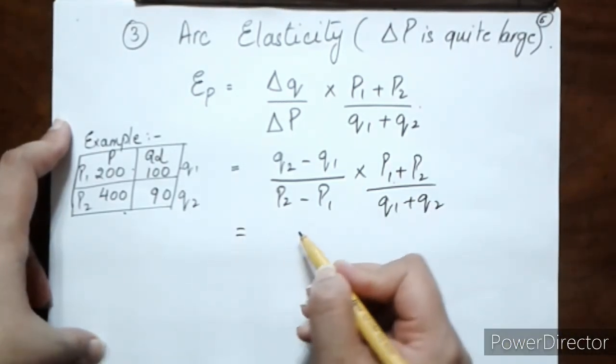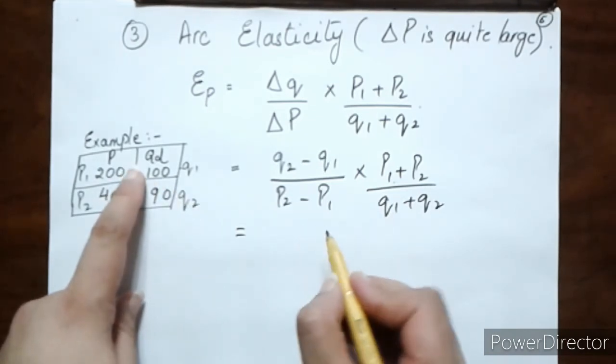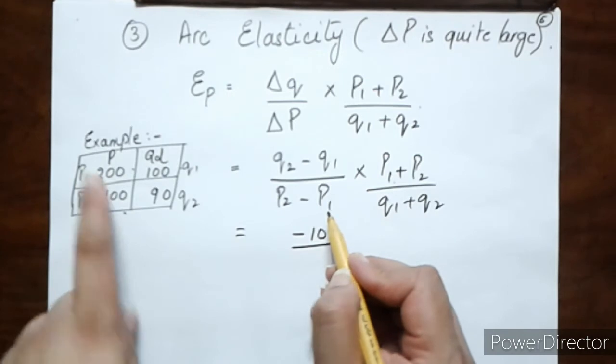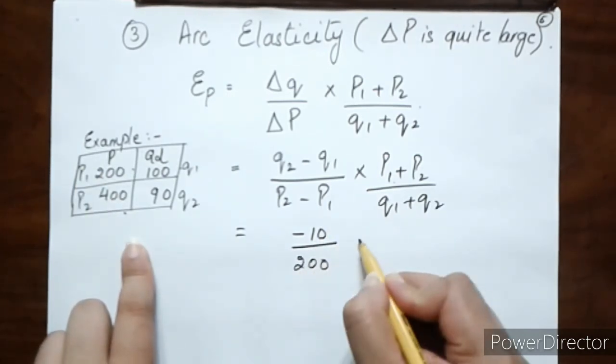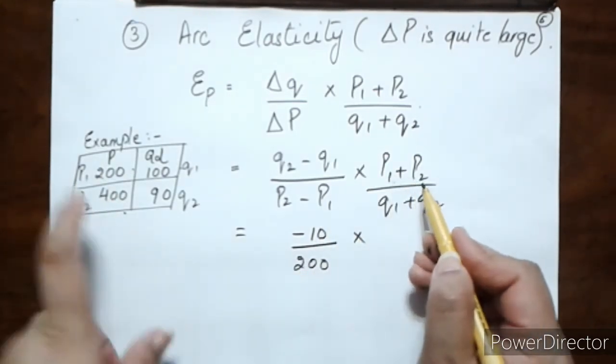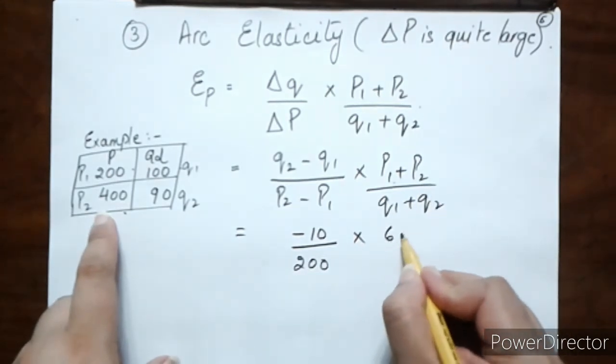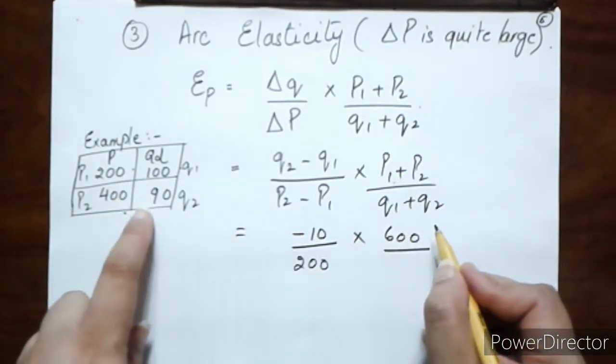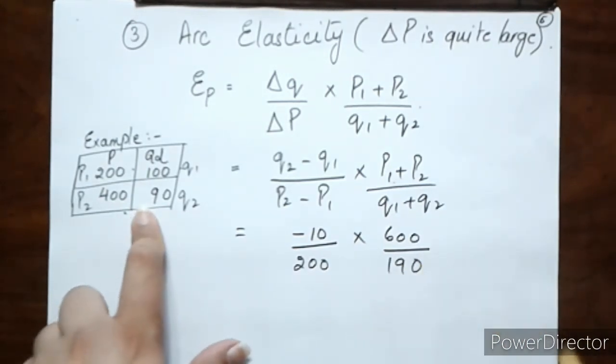Now putting in the values, what do I get? Q2 minus Q1, that is minus 10. P2 minus P1, that is 200, into P1 plus P2, 600, divided by Q1 plus Q2, 100 plus 90, that is 190.